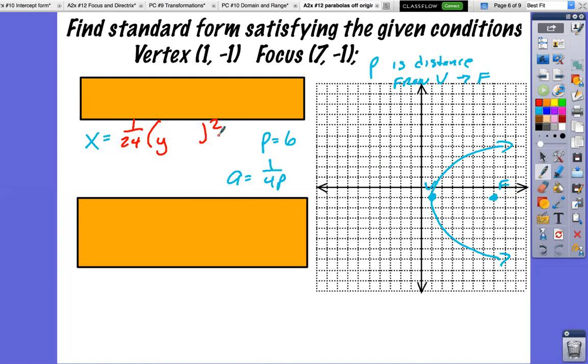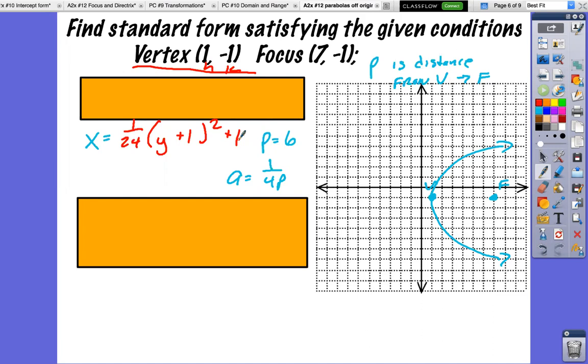So what do you think it's going to be, y plus 1 or y minus 1? Remember, I gave you the vertex. This is your h value, that's your k value. So what goes with the y? Plus 1? Exactly, because the k goes with the y, so that's plus 1, and you're finished.